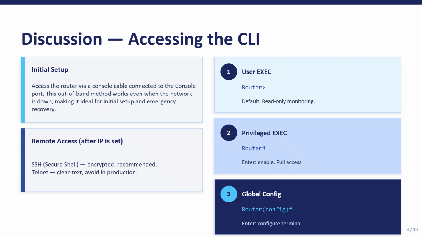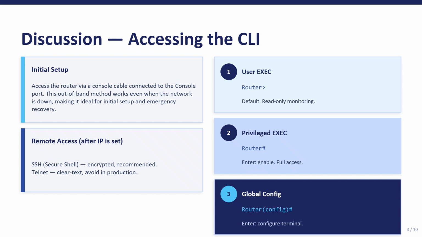When setting up a router for the first time, we connect directly using a console cable plugged into the console port. This is called out-of-band management because it does not rely on the network being active. It works even when nothing is connected.